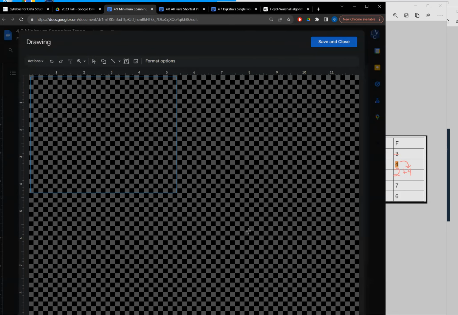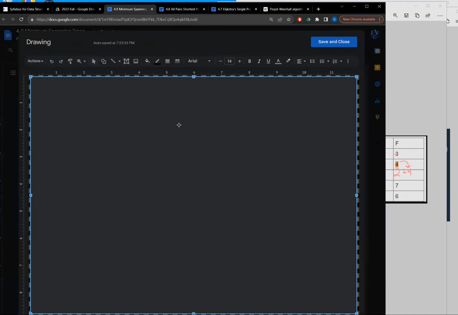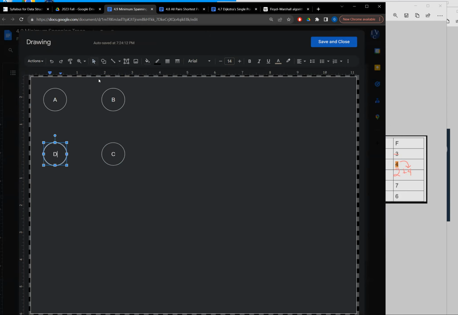So we are getting a spanning tree out of Dijkstra when we're running the single point shortest path, because it's a tree that covers the entire graph. But there's many spanning trees that could exist.